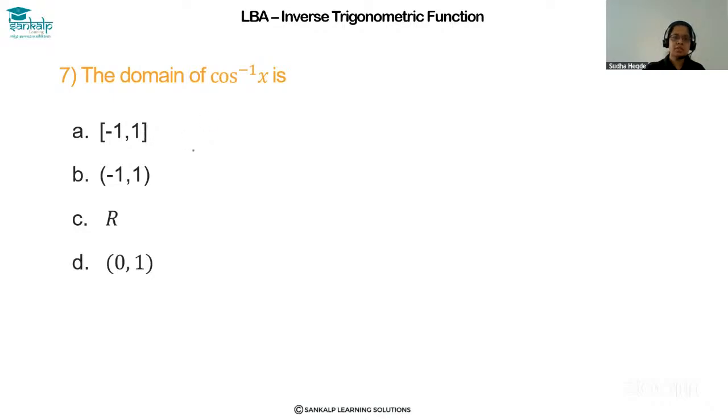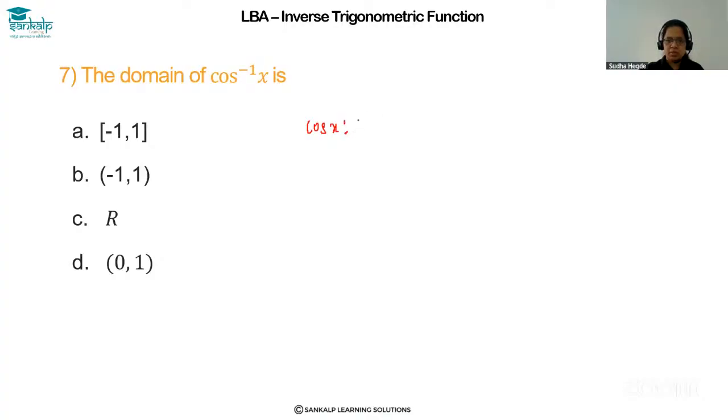Hi students. The question is, domain of cos inverse x is. Earlier classes you have studied cos x is bijective in the domain where to where?